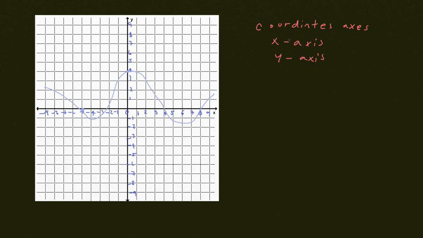But as you progress into perhaps calculus, you will be dealing with 3D, so you have another axis, the z-axis, rising up. But for this, we only have two axes, the x and y.